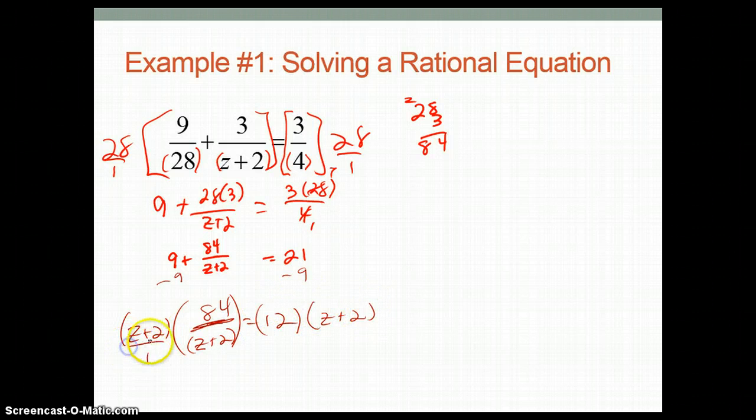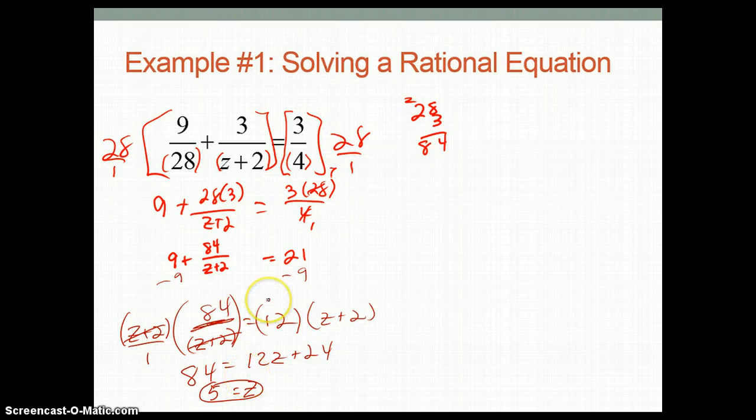This effectively cancels out, and I'm left with 84 is equal to 12z plus 24. And now if I subtract 24 from both sides and divide by 12, I get z is equal to 5.